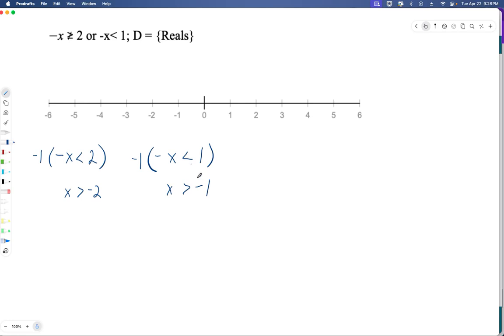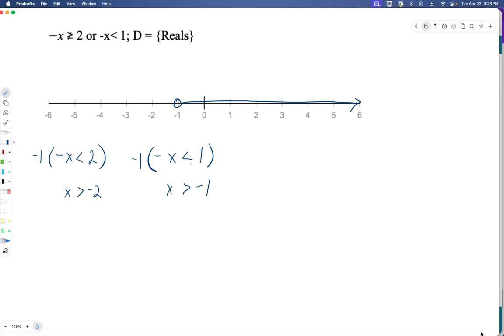So I believe that's going to be this one. I believe that's what that's going to be.